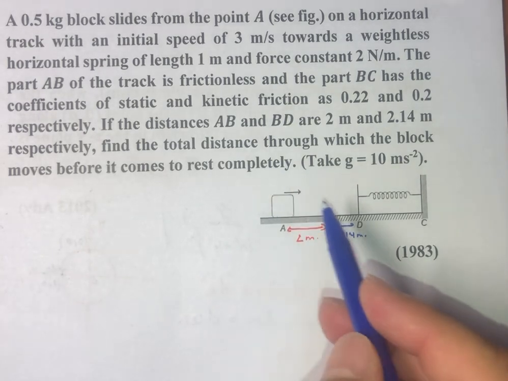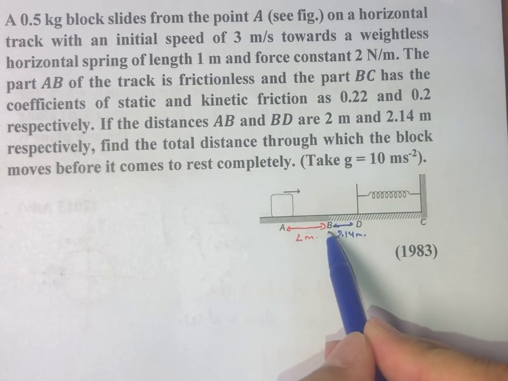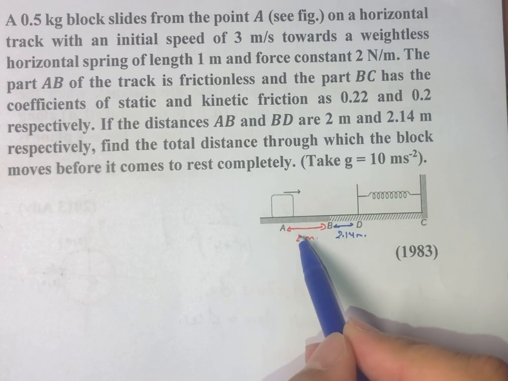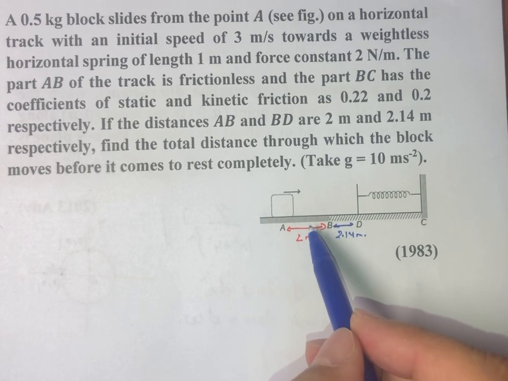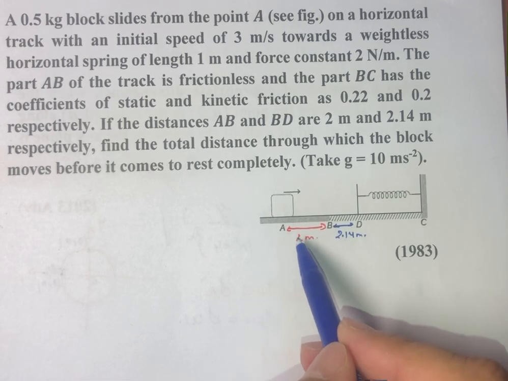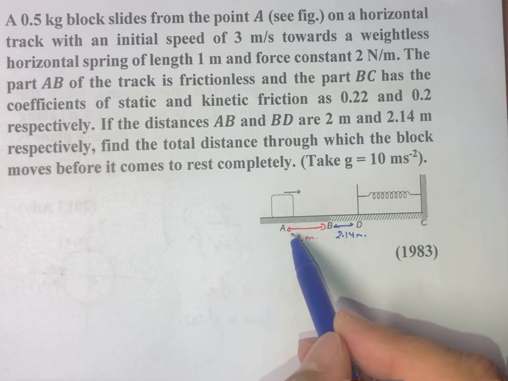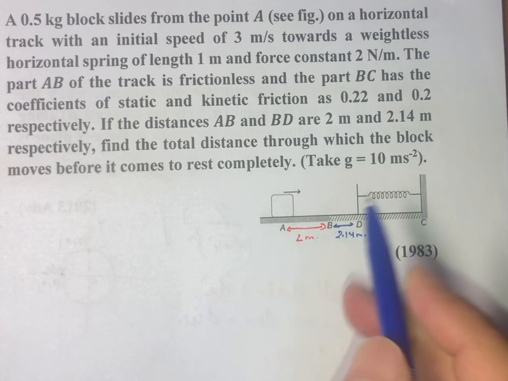Let us consider the first part, when the floor is frictionless. It means there is no opposing force for it.